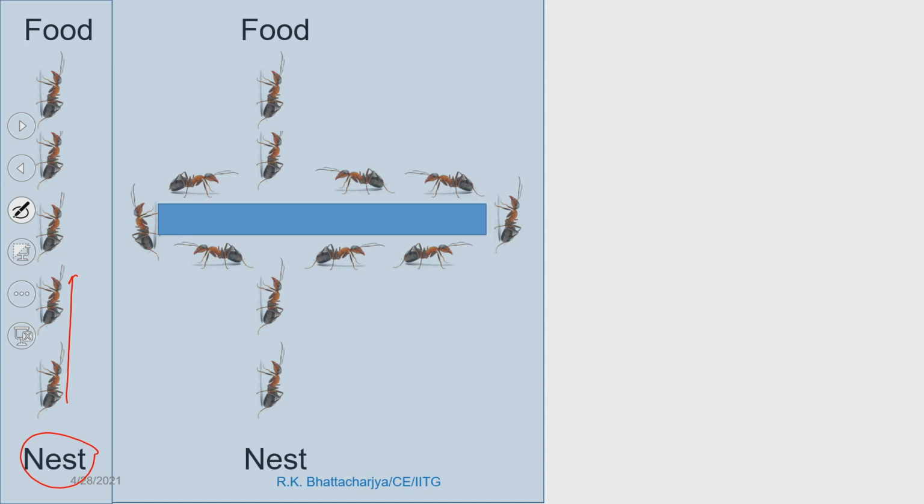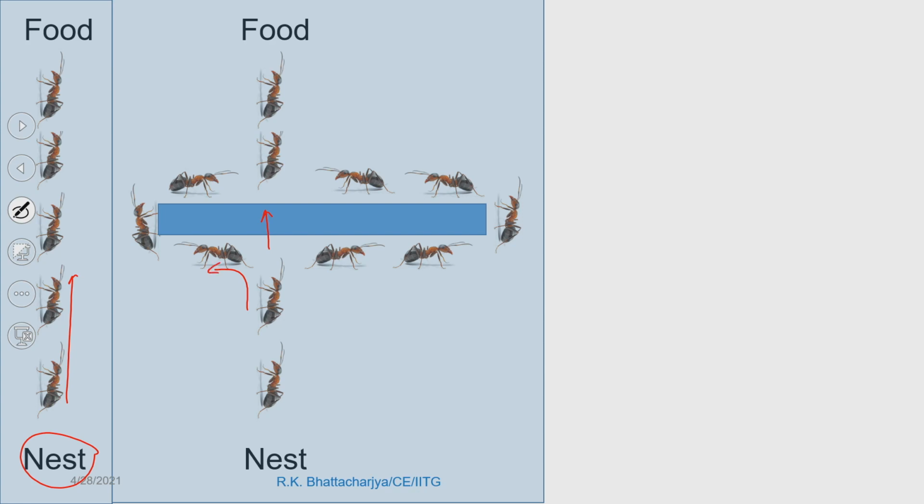Now, let us see, you can do this experiment. I am putting some obstruction here. Initially the ants will try to move straight, but because of this obstruction the ants cannot move like that.